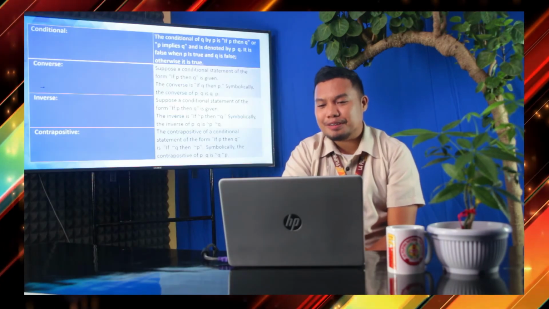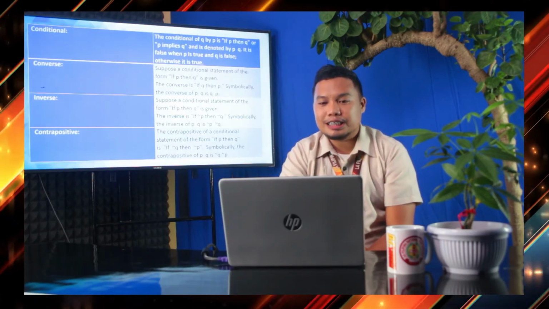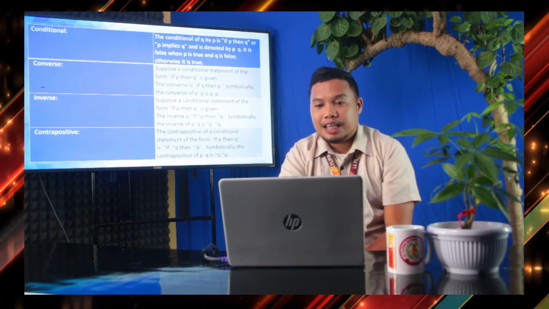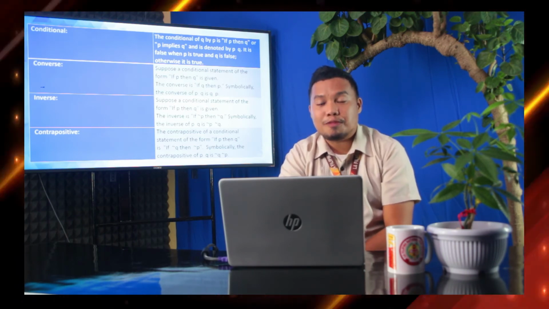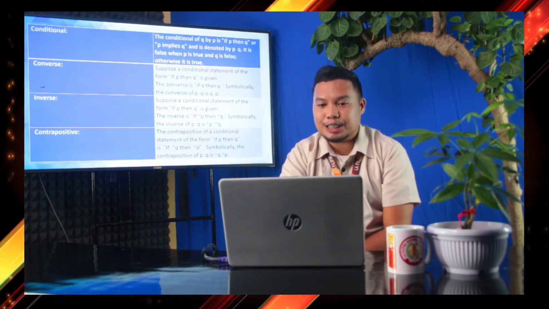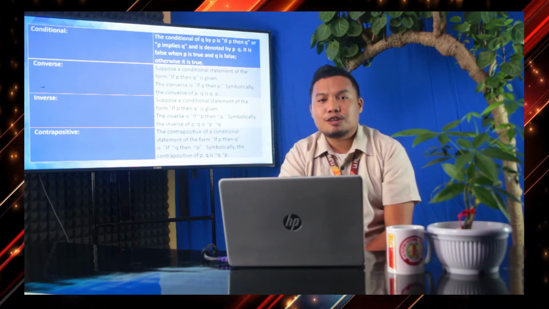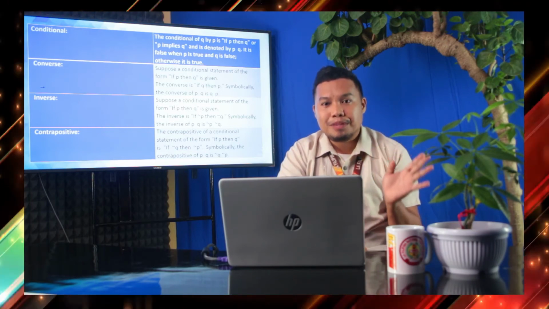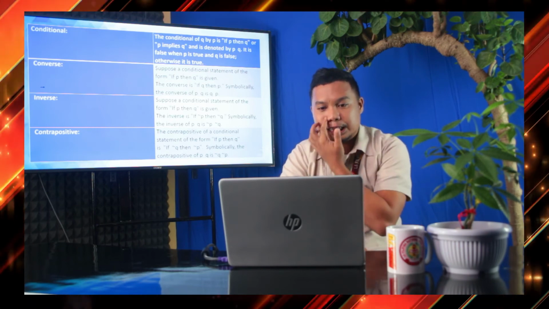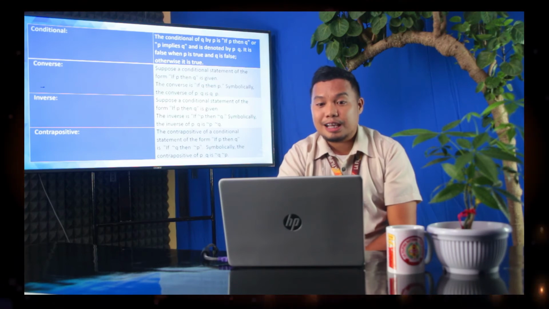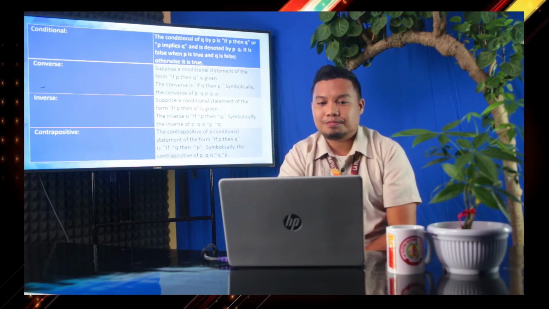Let us remember that the conditional statement is written in the form if P then Q, or P implies Q, and it is denoted by P with an arrow going to Q. It is false when P is true and Q is false, otherwise it is true.